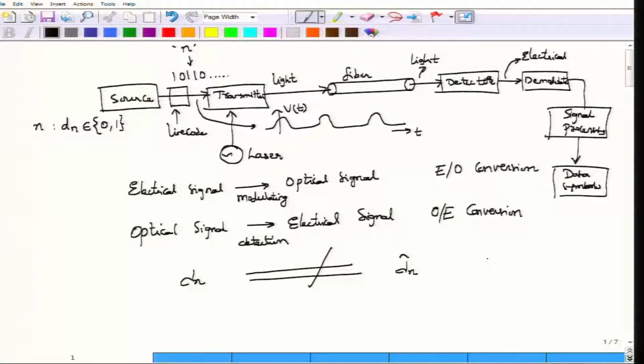Then this system is characterized by how many errors we make in the form of what is called a bit error rate. So, how many errors we make per second. This is the characteristic of most digital communication systems, giving you the bit error rate. What if the input electrical signal were to be an analog signal?